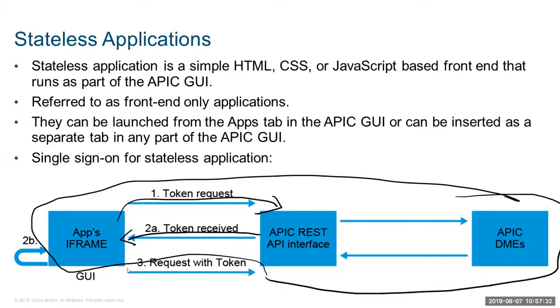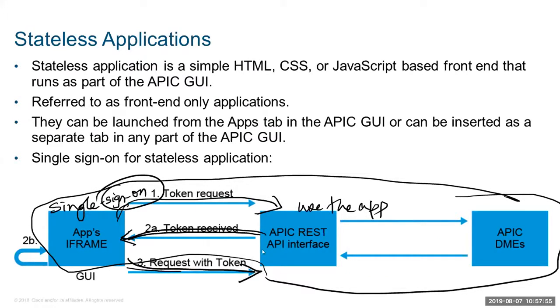And then, of course, the application is saying, hey, using the same single sign-on, we want to use the app. So it responds back saying, hey, that sign-on is valid. So here's your token. And now any future interaction with the app is done using the token.